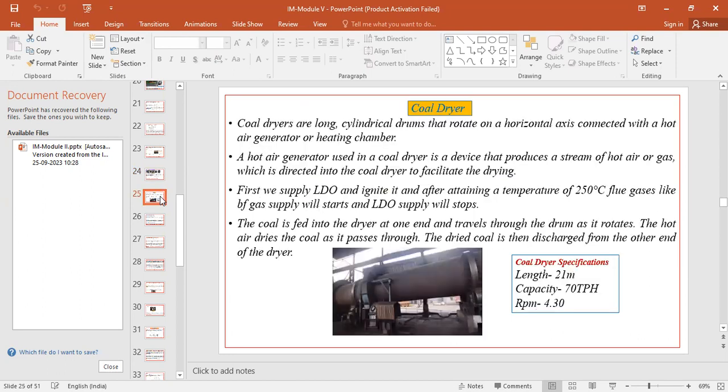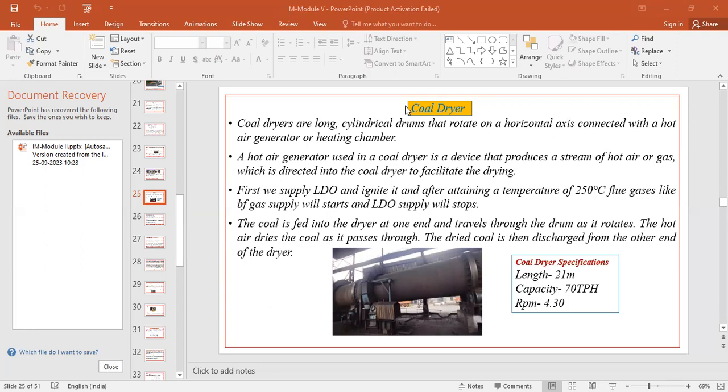Then come to the other topic, that is the coal dryer. Sometimes, especially in the rainy season, the raw material stored in the stock plant gets wet, and when you charge such raw material, it takes a lot of time to ignite.